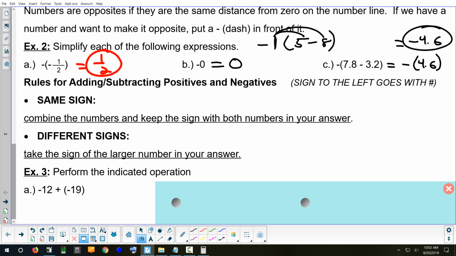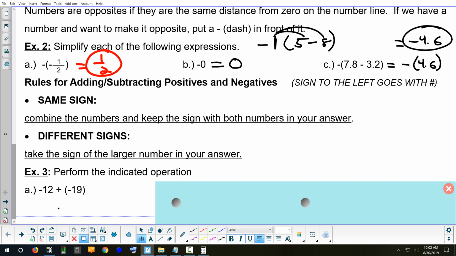So combine the numbers, which basically means just add them together, and keep the sign. We have a negative and a negative, same sign, so keep the sign. In the final answer, it's going to be a negative. Now if you combine 12 and 19, just adding them together, what do you get? 31. So we combine the numbers and keep the sign the same, and that's how you add numbers with the same sign.